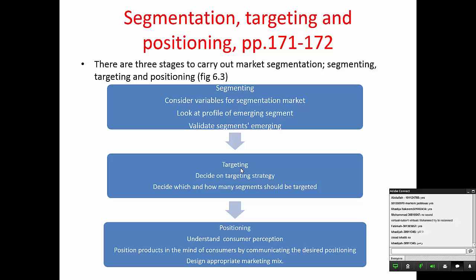If a customer wants to buy a mobile phone, then he or she will go to the market and try to find the best product based on her requirements or her needs.